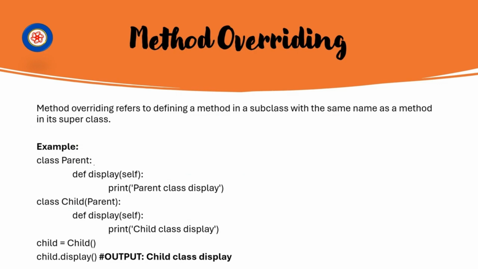Subclass Child inherits from the Parent class and overrides the display method to print child class display instead of parent class display. When you call this Child's display, the display method of the Child class is executed, printing child class display as output. Now that we have covered method overriding, let's move on to method overloading.